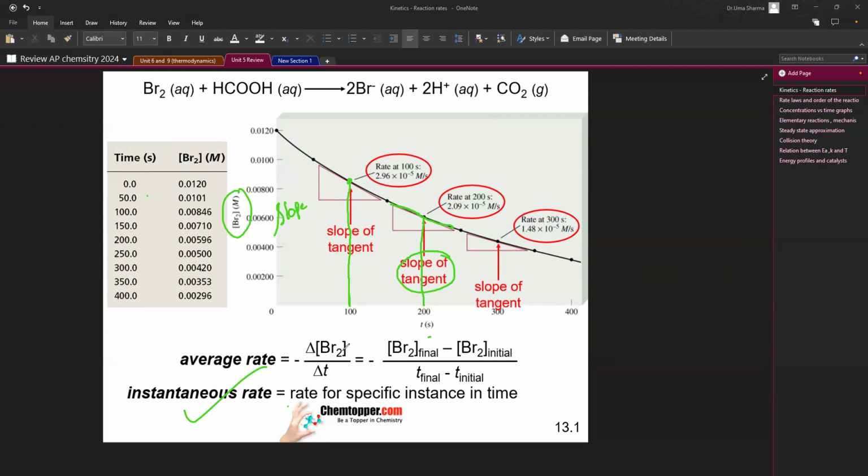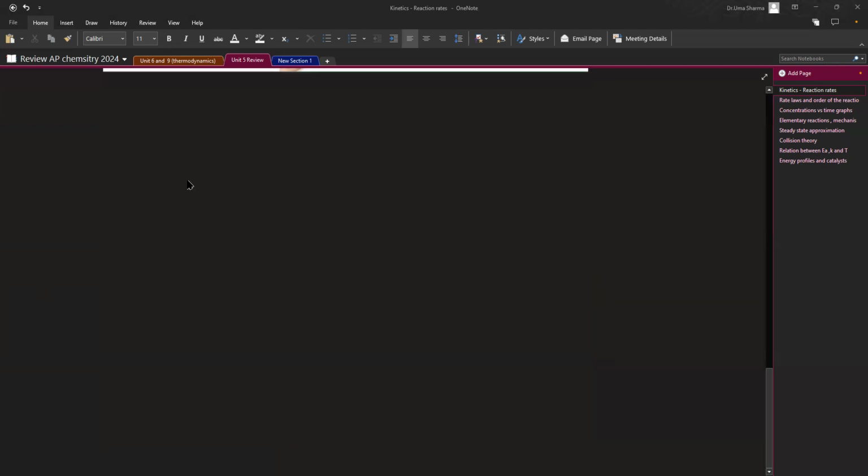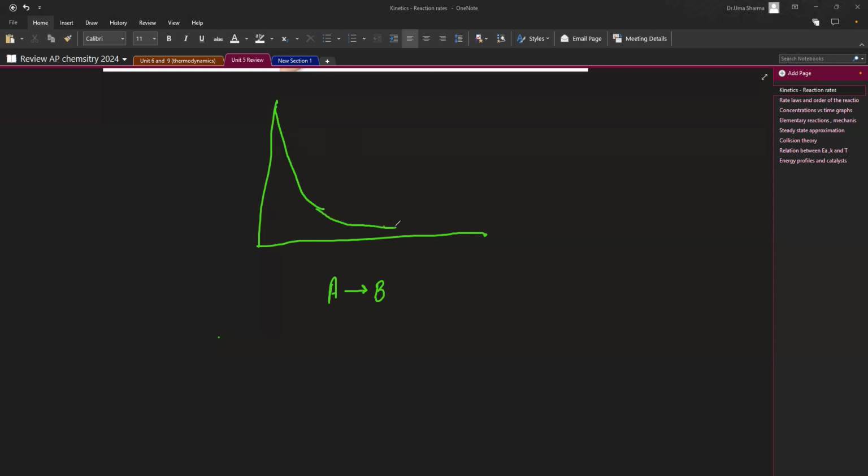That's it. No calculations. Okay, now I have a different question. See here, children. This is a very popular question. A is getting converted into B. The reaction is going like this. This is concentration of A, this is time.